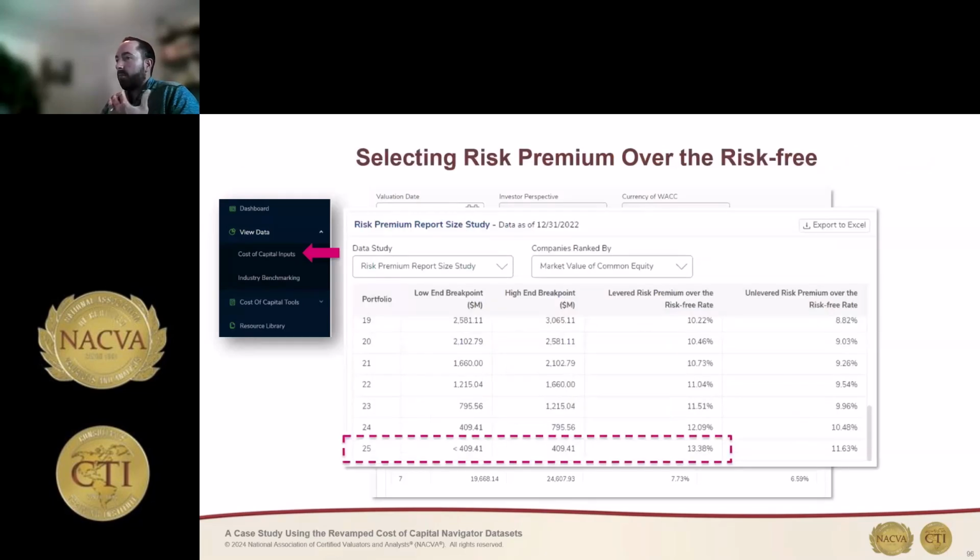We know our size that Kevin just went through, our 12 million, and this is just one input that we could be using along with all the other size measures that Carla highlighted. But for simplicity, we'll select the 13.38 based off our market cap and use that in our study for our build up one.